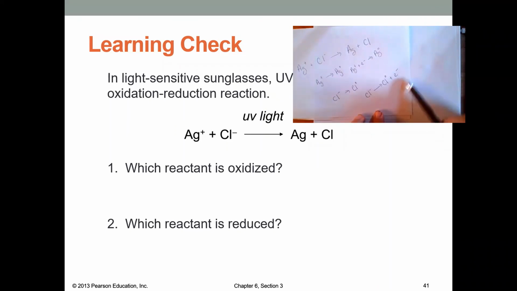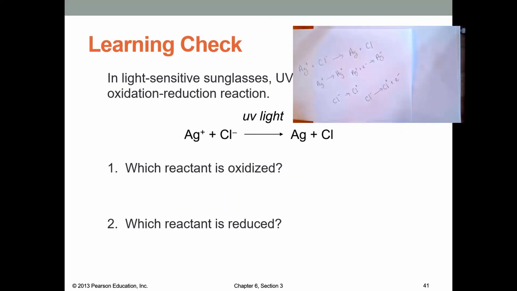In the product side. So now if I'm giving away an electron, this is being oxidized. If I am gaining an electron, I am being reduced. Okay, so they are there for you. Oxidized, reduced.